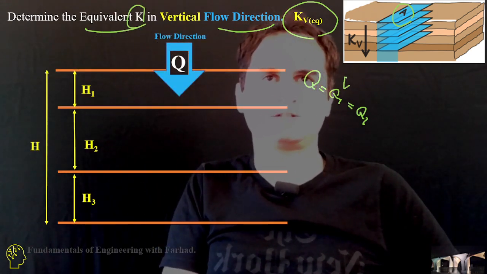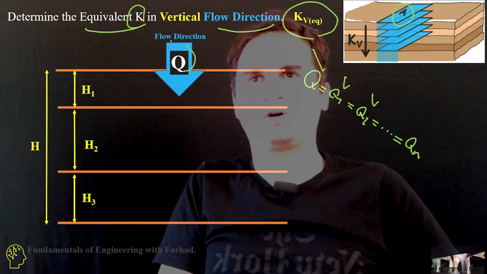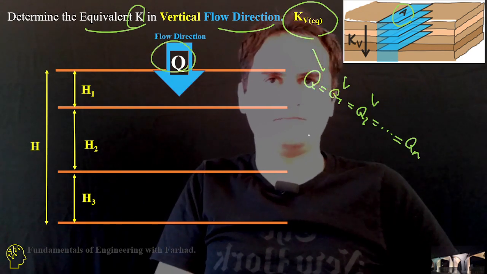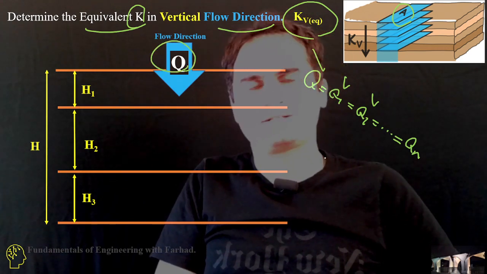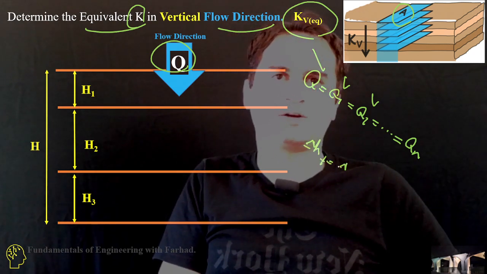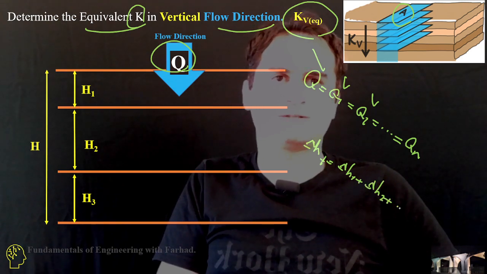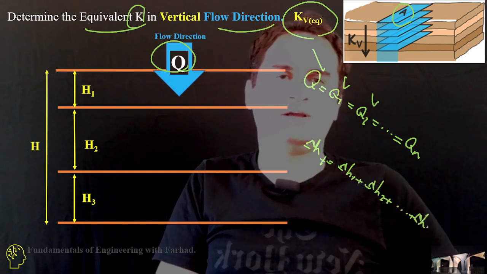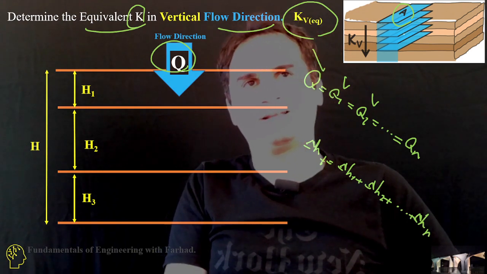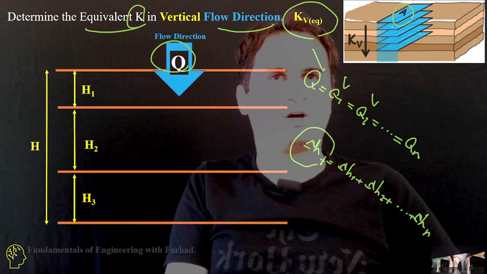So Q1 is equal to Q2 is equal to Qn, and that's equal to the total discharge. But this time we know the head loss, delta H total, is a combination of delta H1 plus delta H2 plus delta Hn.